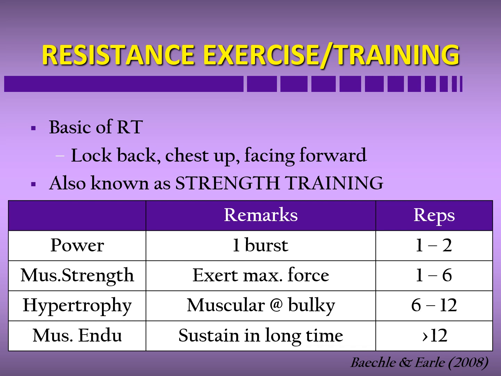For muscular strength, you exert maximum force with 1 to 6 repetitions. Hypertrophy is muscular or bulky, when you want to make your body look muscular, so the repetition is 6 to 12. The last one is muscular endurance, where you sustain for a longer period, so the repetition is more than 12. This was suggested by Beckley and colleagues in 2008.